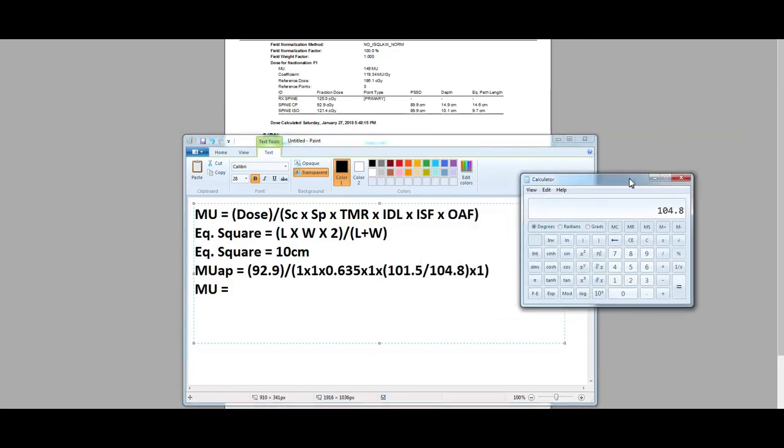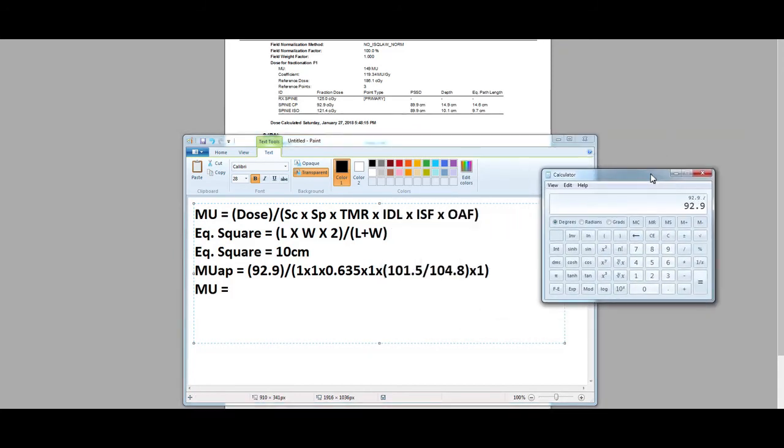So if I calculate this, 92.9 divided by 0.635, times 104.8 squared divided by 101.5 squared, gives me 156.